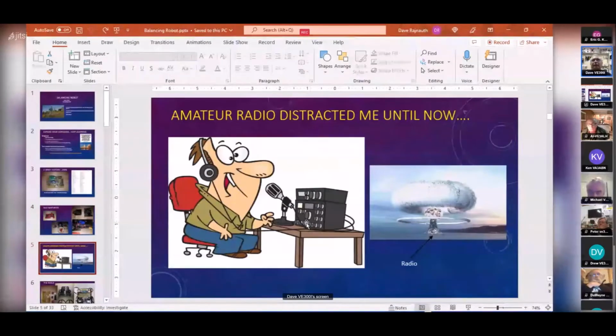I got my amateur radio license in 2010, 2011, so amateur radio kind of distracted me until this year when I got back into building drones and airplanes and looking at IMUs. My radio's down at the bottom of this box here. Some days, that's what I want to do with my radio.